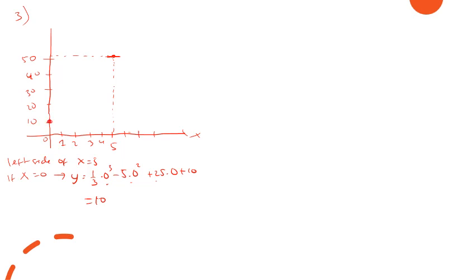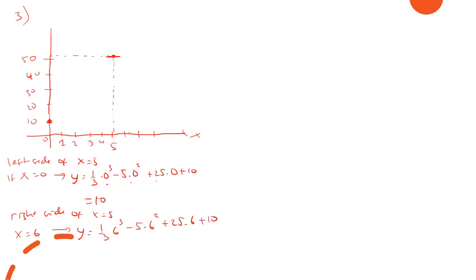I think it goes up, but we will test the right side. Right side of x equals 5. What will you take? We try 6. x equals 6: 1/3 times 6 to the power 3 minus 5 times 6 quadrat plus 25 times 6 plus 10.